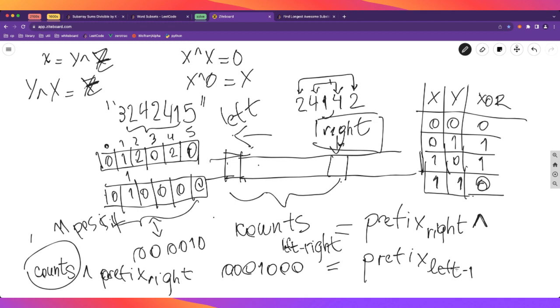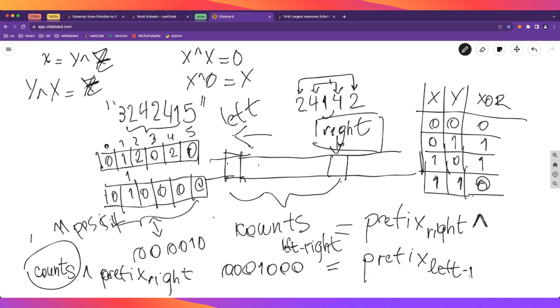So as usual in two-sum type situations, we just solve the equation, and it turns out that prefix left has to be this XOR this, the counts for the prefix up to right.